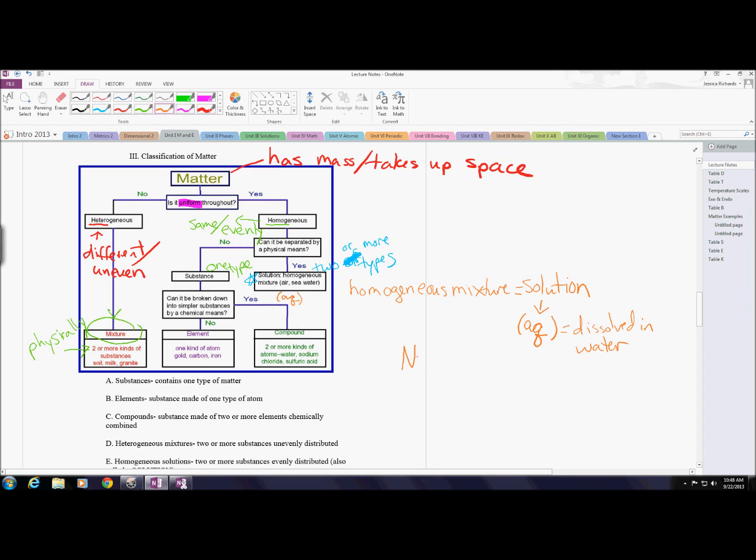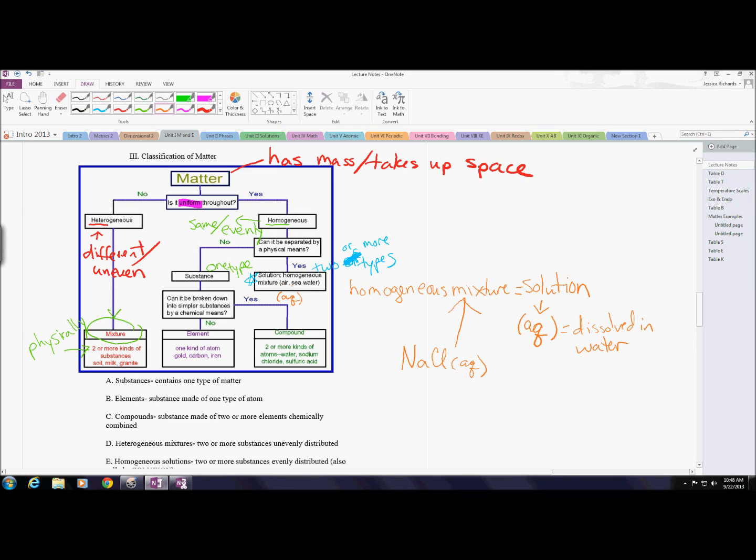So when you see NaCl AQ, that means sodium chloride dissolved in water. So an aqueous solution of sodium chloride, that is a homogeneous mixture. Or salt water, probably the most common example that they use.